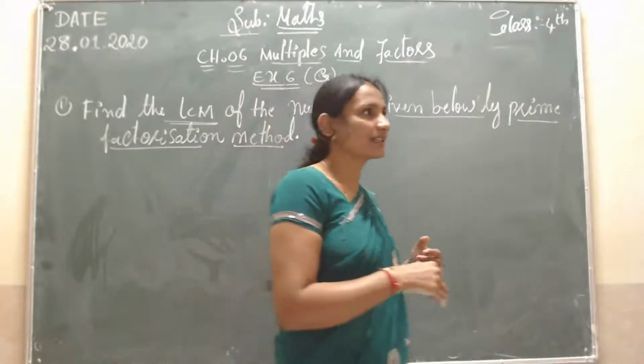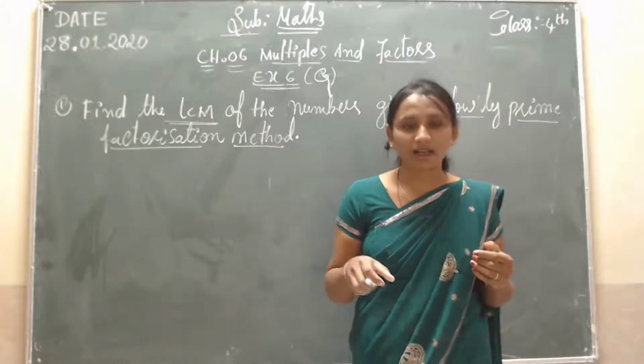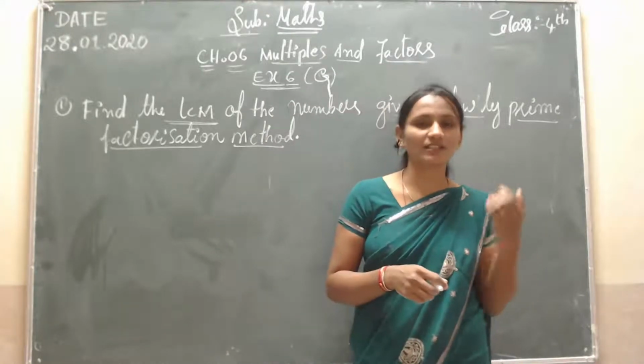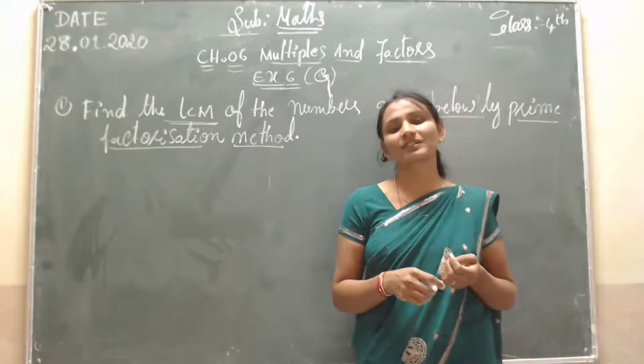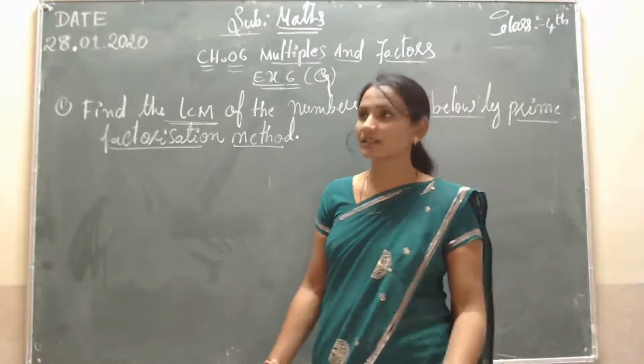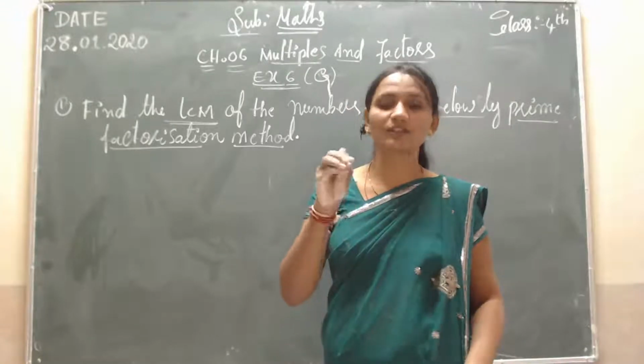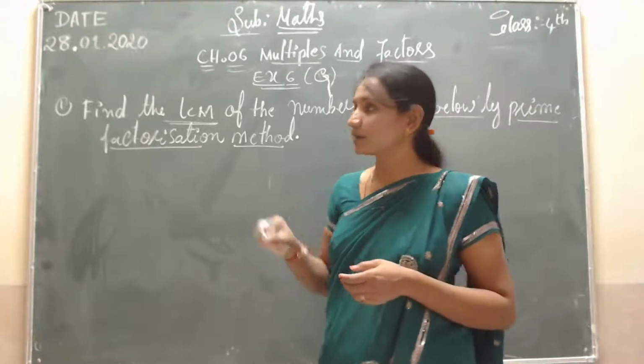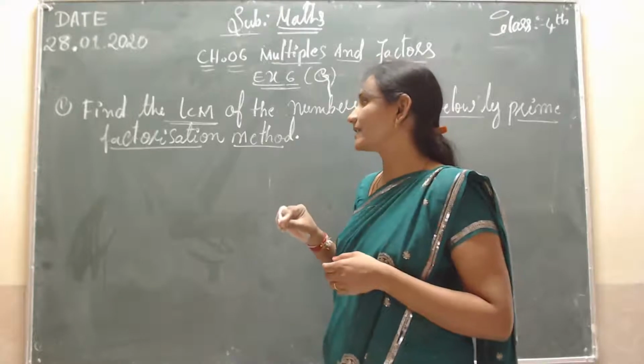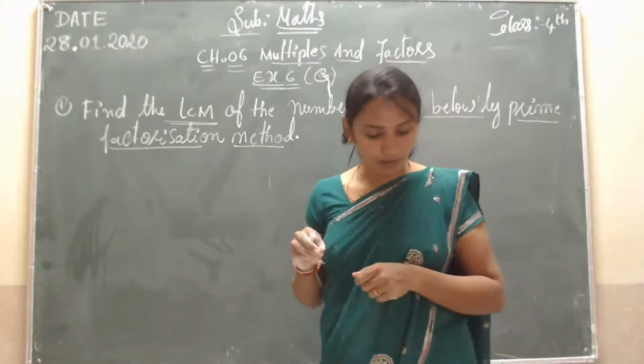LCM is the least common multiple. For LCM you have to consider the factors of each number, while for HCF you have to consider the highest common factor, but for LCM you have to consider the least common factors.